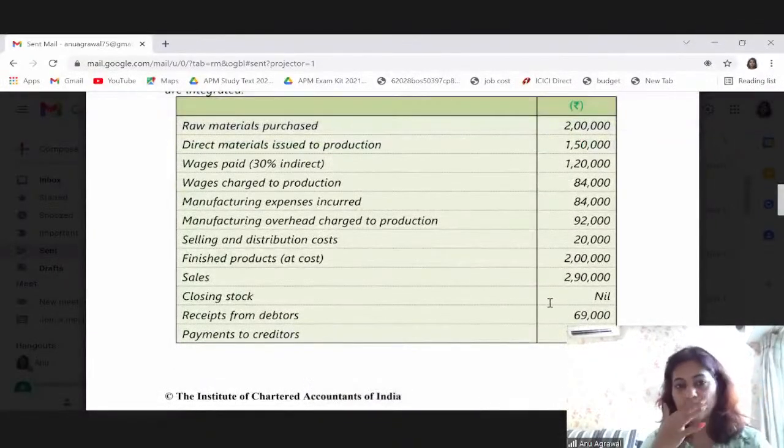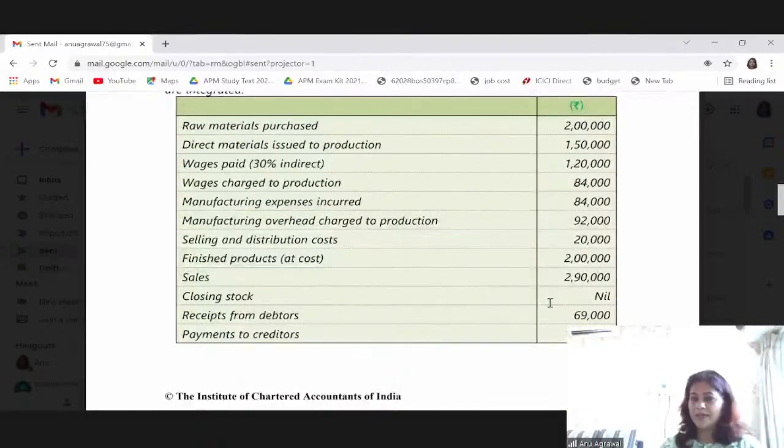Closing stock of finished goods. What is the entry of a closing stock? If you make a finished goods account, you have the opening balance coming in, and you have the new products which have been transferred from WIP coming in. So you've got finished goods to WIP control account.